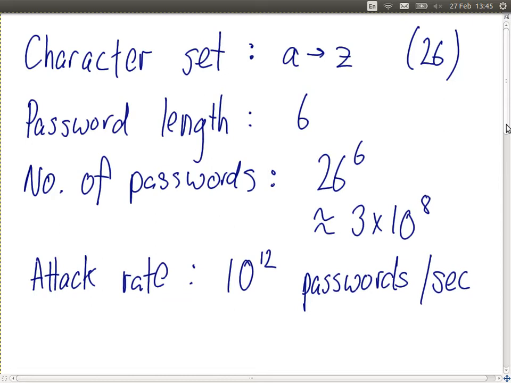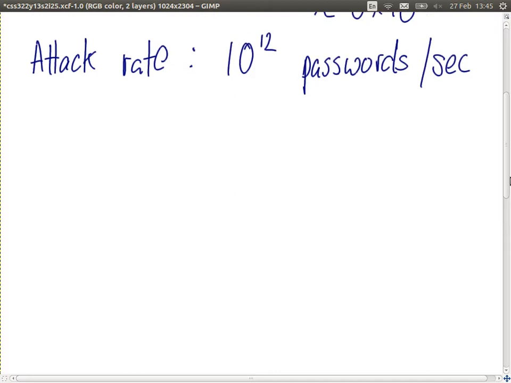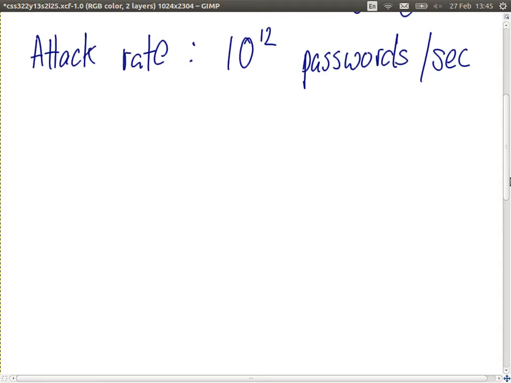So 52 letters, 10 numbers, so that's 62, and about 32 punctuation characters, full stop, exclamation mark, and so on. So let's say it must be a printable character with a normal keyboard, then our character set is about 94 characters.